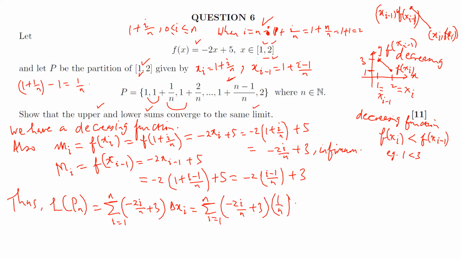Okay. And then now we just need to expand this one. So it is the summation, i equals 1, which is minus 2i over n squared plus 3 over n. Okay.